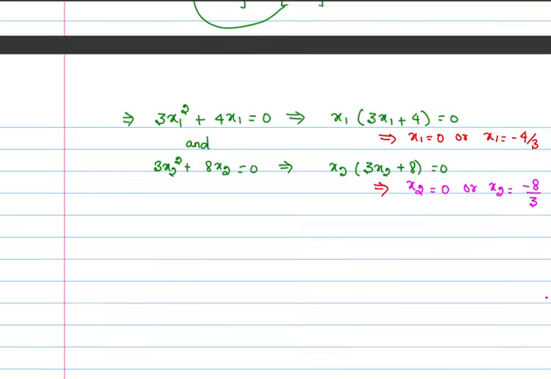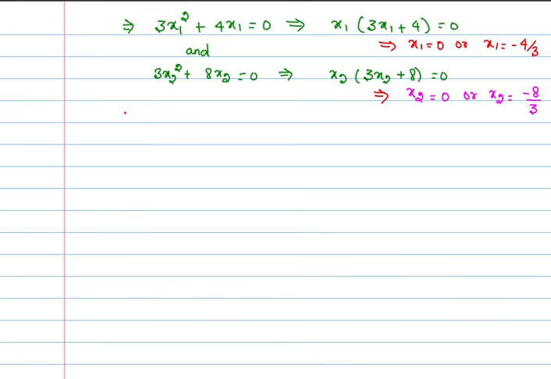Now we want to find the points in the multidimensional setting. The stationary points, writing the two components as x1 comma x2, are as follows. The first is 0, 0.